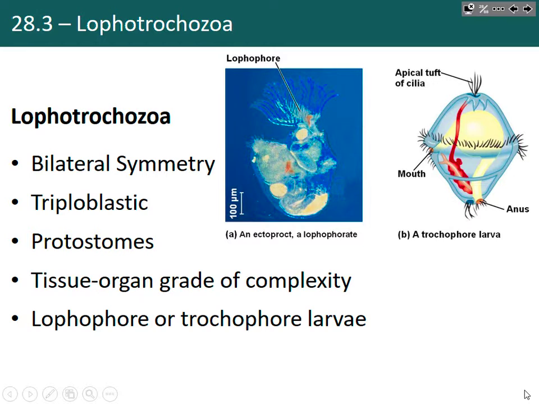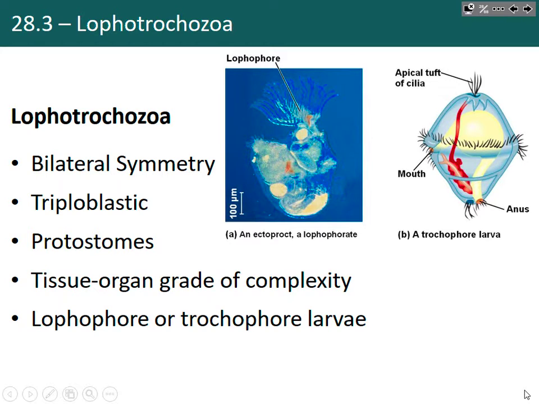We're not going to go into the details about larval anatomy, but the name comes from the existence of one of these forms of larva in the early development of these organisms. So that's their evolutionary tie. They all have triploblastic formation, and they have these common larval forms. They apply to all of the Lophotrochozoans.